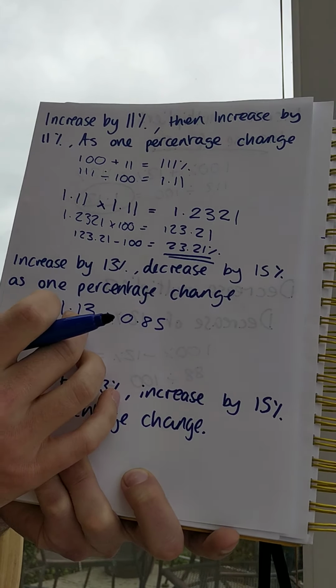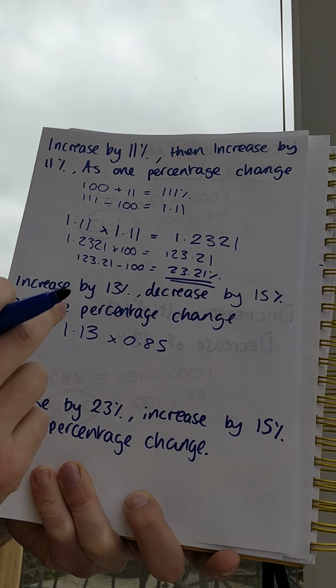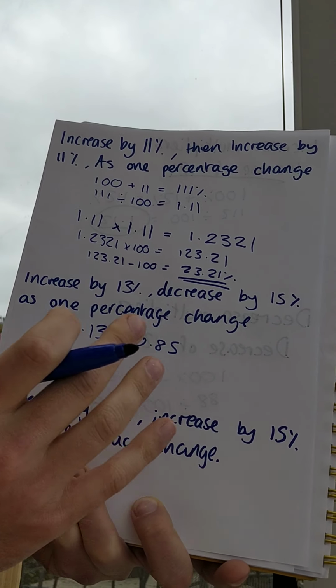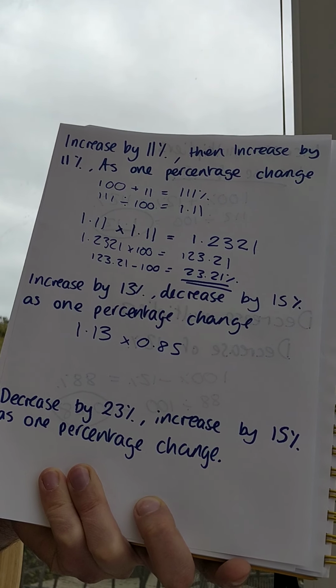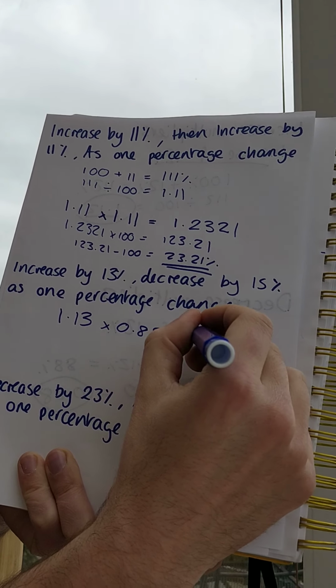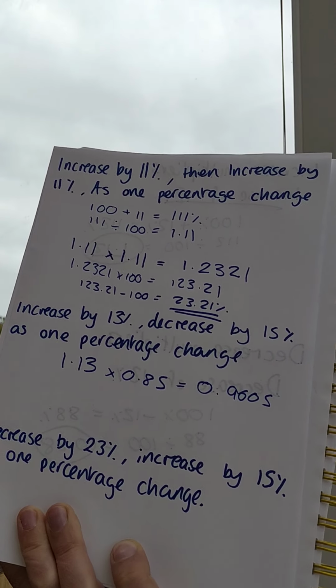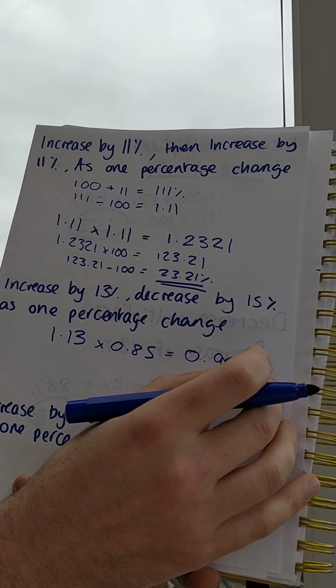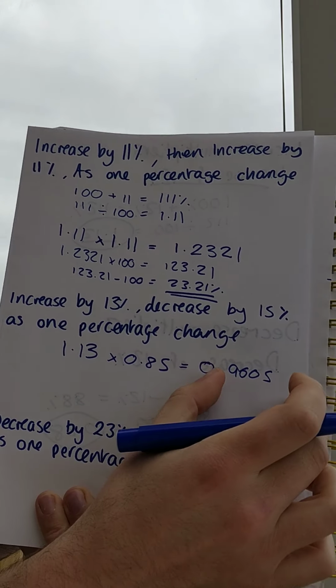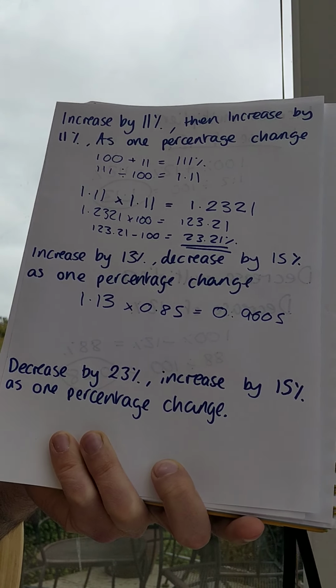So that would be the first multiplier, that would be the second multiplier. So you do one, then you do the other. To find what the combined one would be, you times them together. So 1.13 times 0.85 is 0.9605. So if you wanted one multiplier to do both of those, that would be it. But you need to find what the percentage is. There's a couple of steps to this.